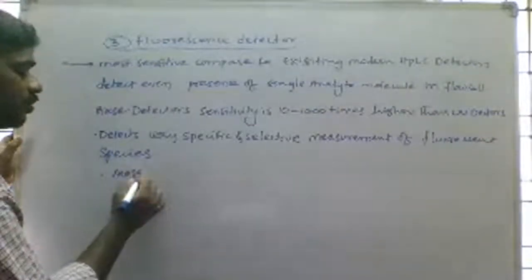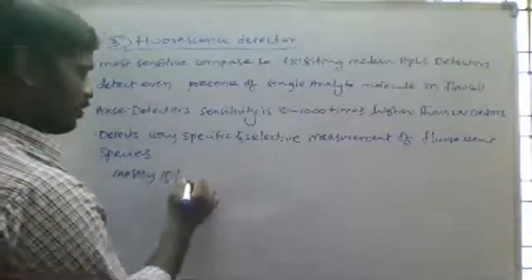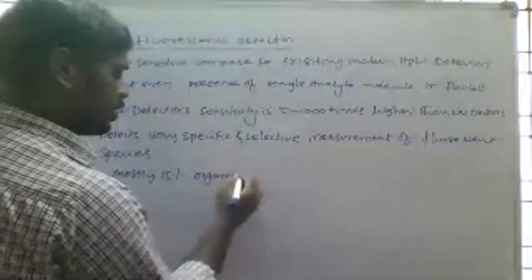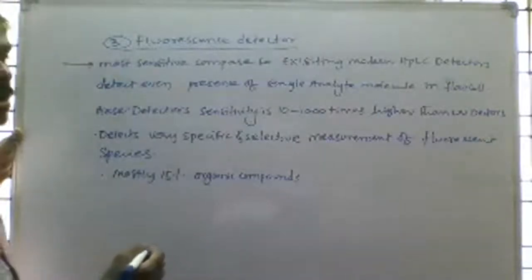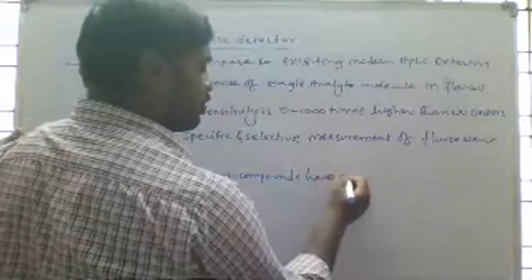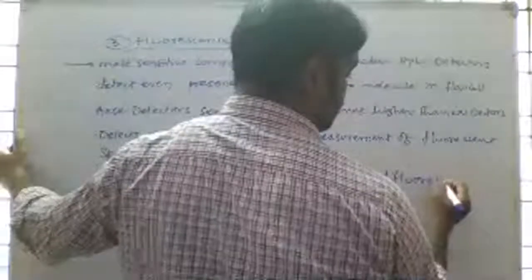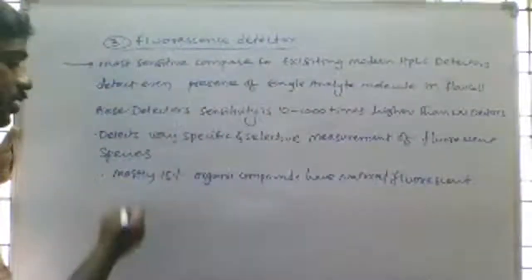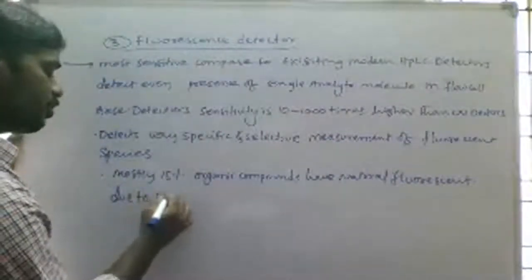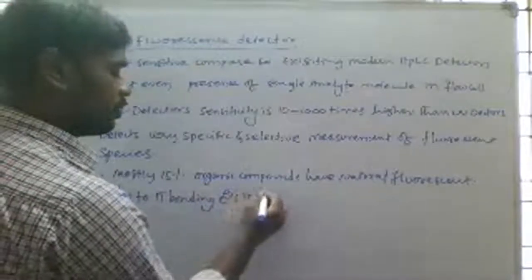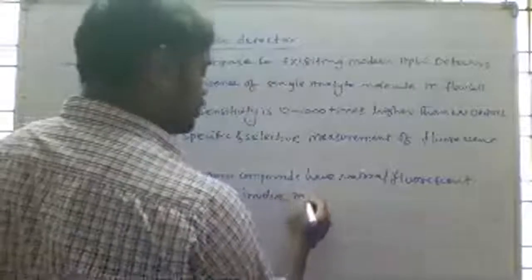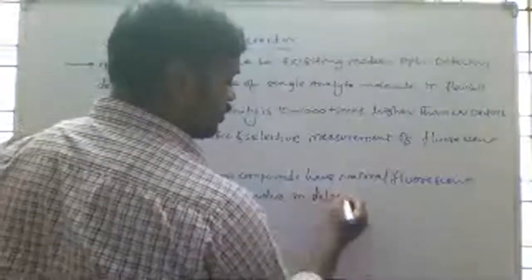Mostly 50 percent of organic compounds have natural fluorescence due to pi bonding electrons involved in conjugation, involving delocalization.